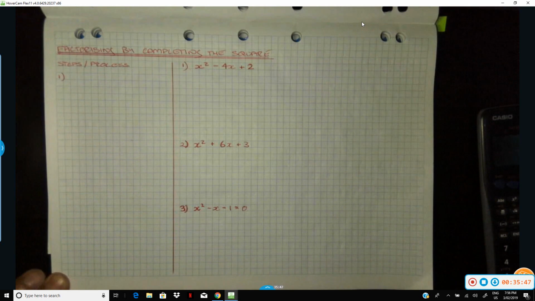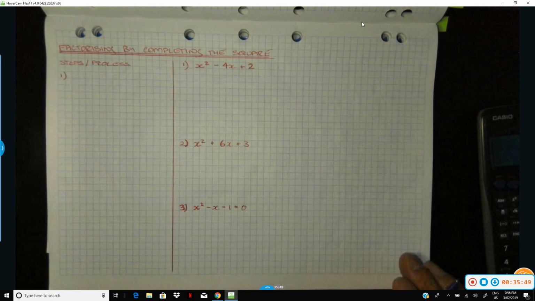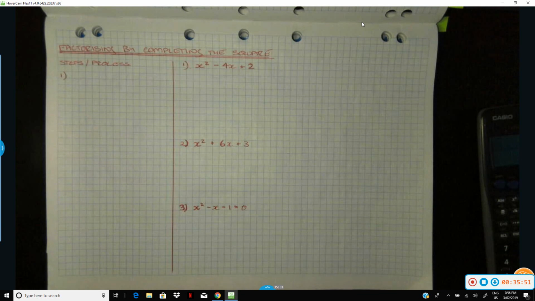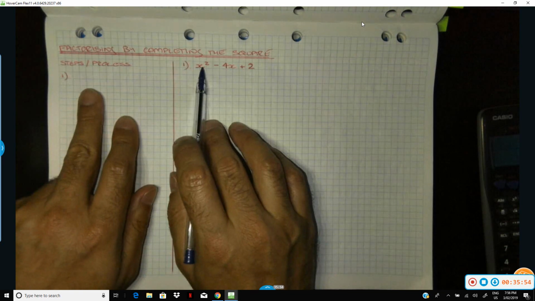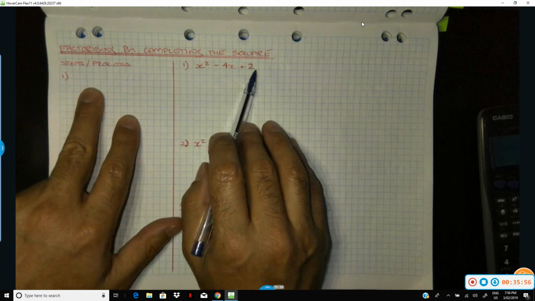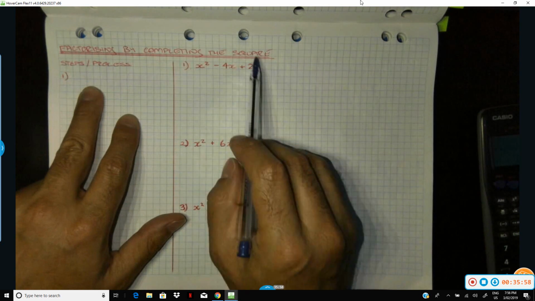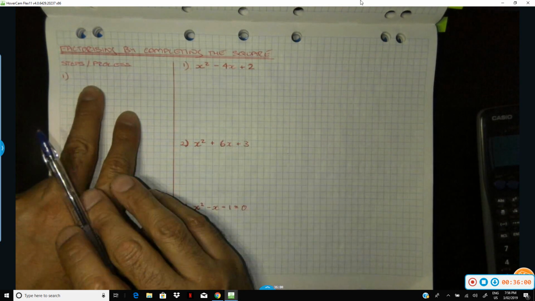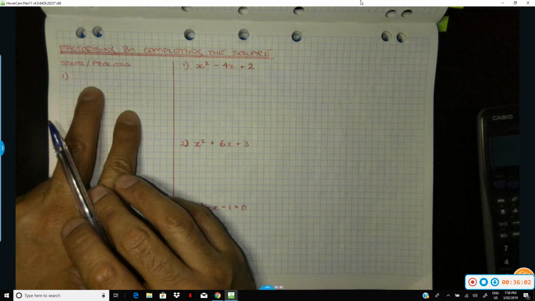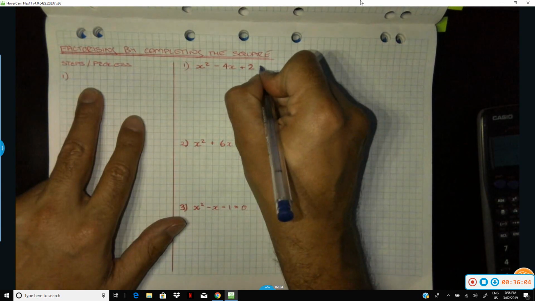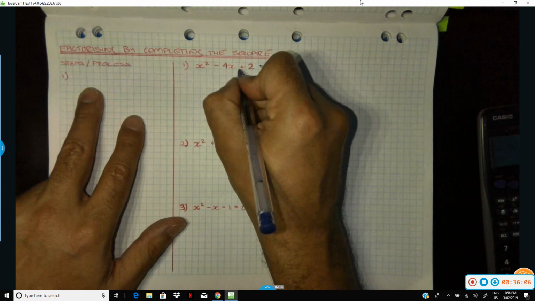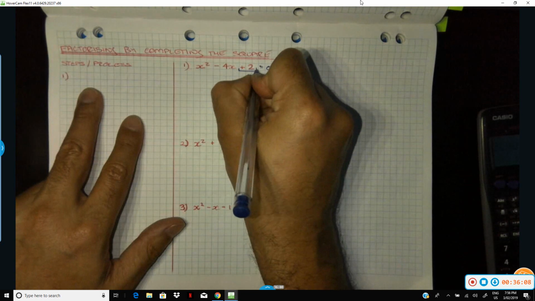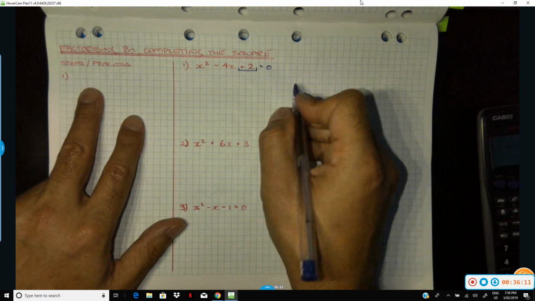At the end, factorizing by completing the square. If we have something like this, there's no factors of 2 that multiply together will give you negative 4. So what I'm going to have to do is complete the square. What I do is I bring this value to the other side.